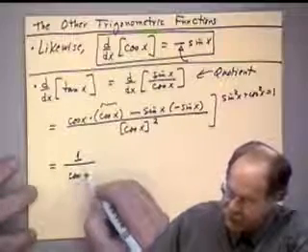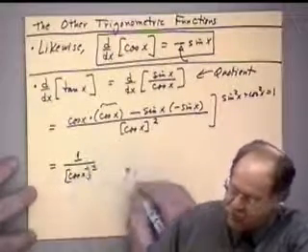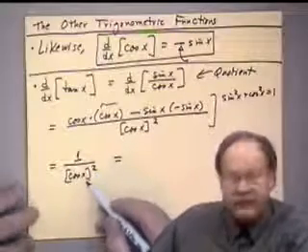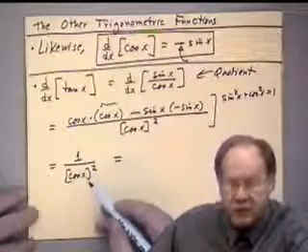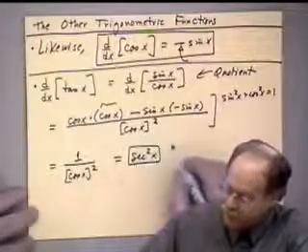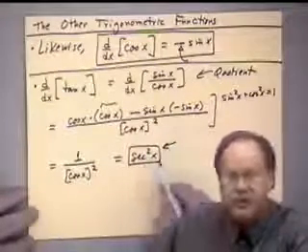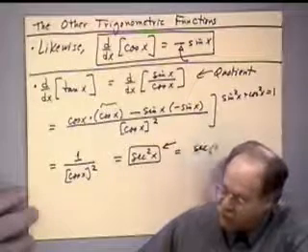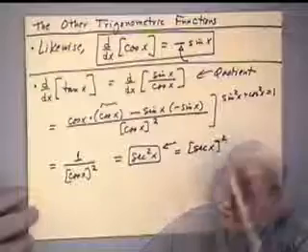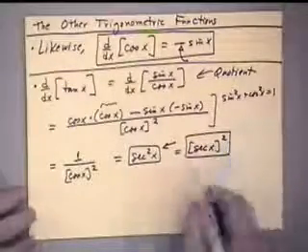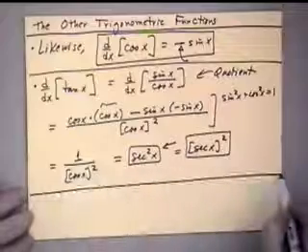The bottom stays cosine of x squared. 1 over cosine x is equal to secant x, so 1 over cosine x squared becomes secant squared x. And although this is the traditional notation for a trig function that's squared, it is often better to rewrite it as secant of x quantity squared to be absolutely sure that you see where the square is. And that gives you the derivative of the tangent function.